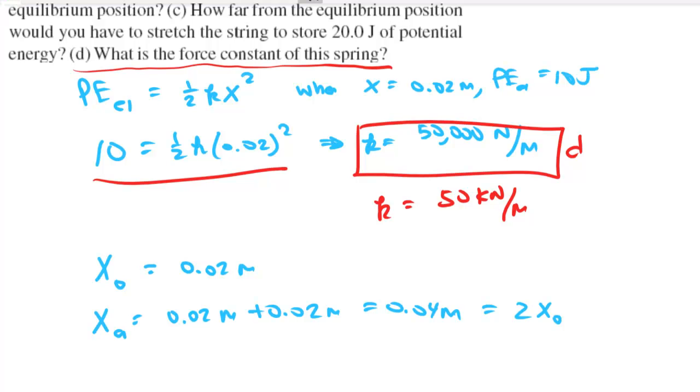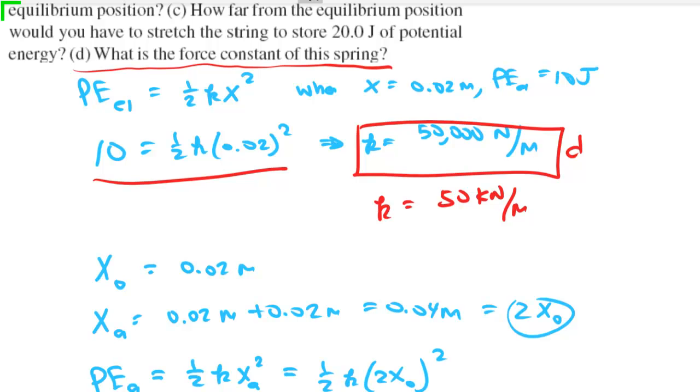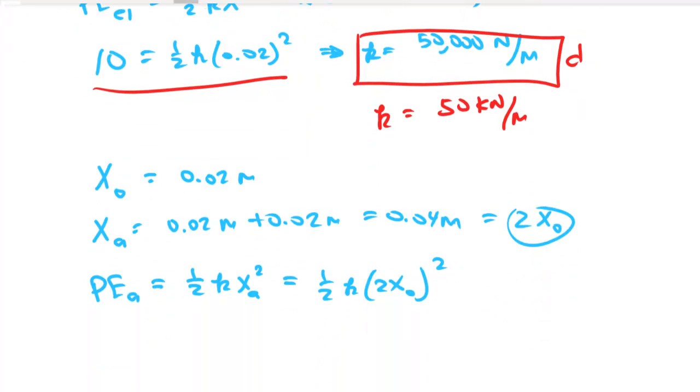And so my potential energy in part A is going to be 1/2 times the spring constant times xa squared. Replacing xa with 2 x naught, this is 1/2 k times 2 x naught, squared. Squaring the 2 and the x naught and pulling it out, this becomes 4 times 1/2 k x naught squared.